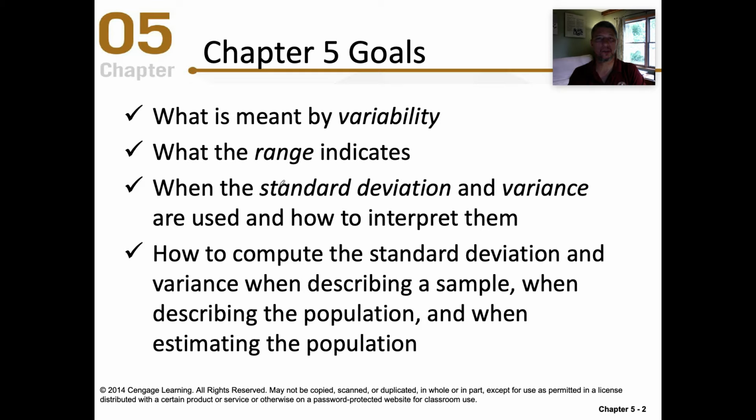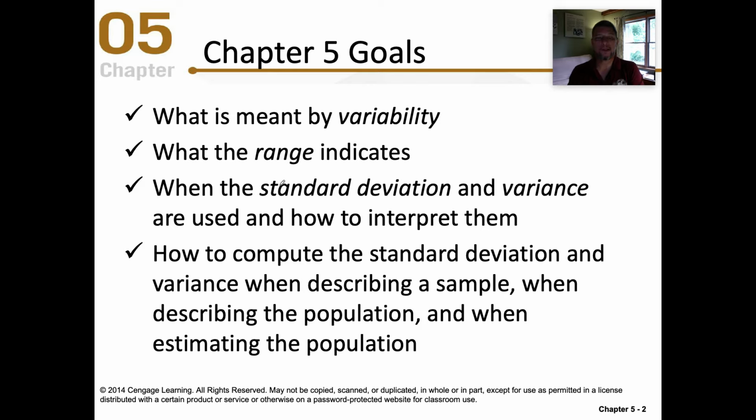Does each individual score fit closely to the mean, or are they very far away from the mean? We'll talk about what the range indicates. The range is simply a calculation of the highest score in a data set minus the lowest score in a data set. That gives you the range.